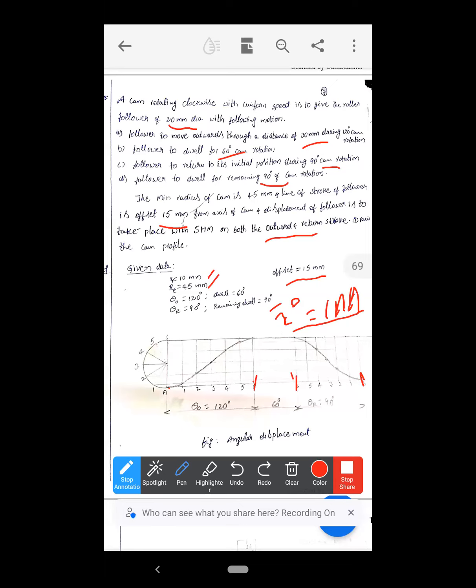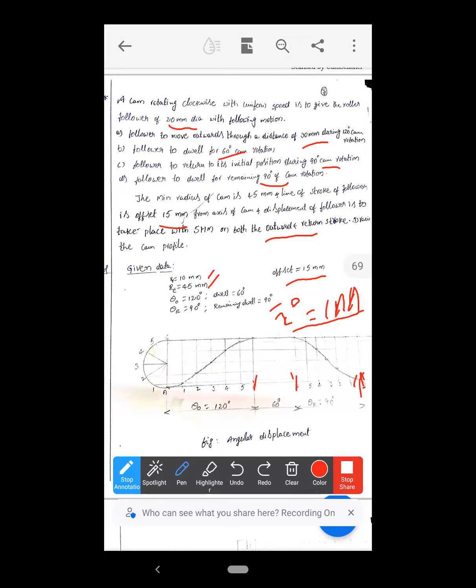Later 90 degrees is 45 mm, and the remaining dwell is also 45 mm.